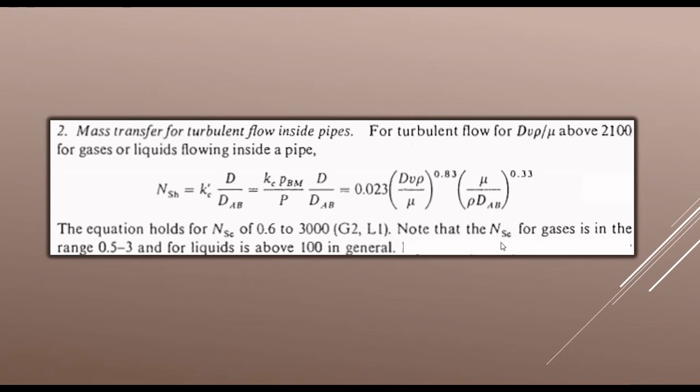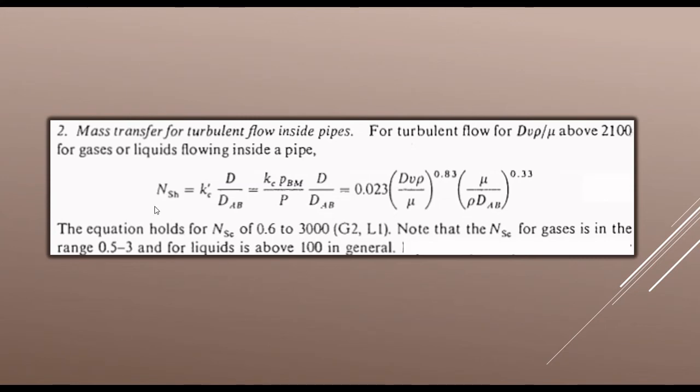And note that the Schmidt number for gases is in the range of 0.5 to 3, and for liquids, it's above 100. So for gases, we expect that our Schmidt number will be in the range of 0.5 to 3, whereas for liquids, it's above 100 in general.